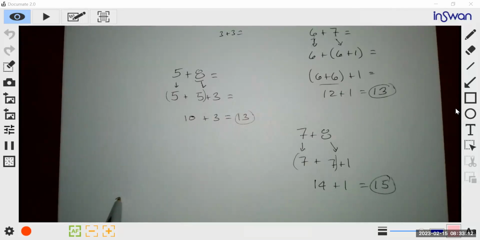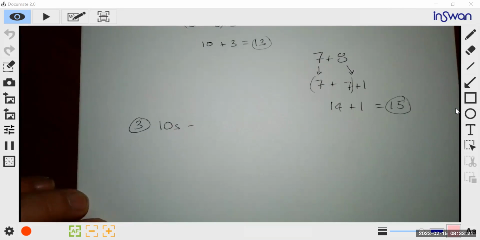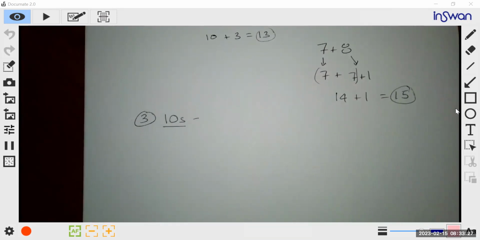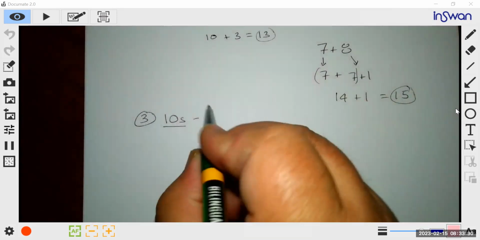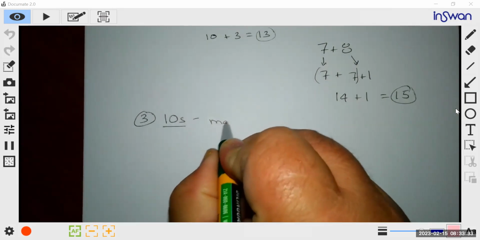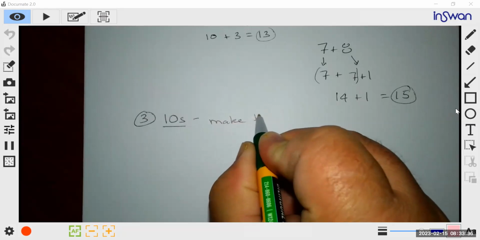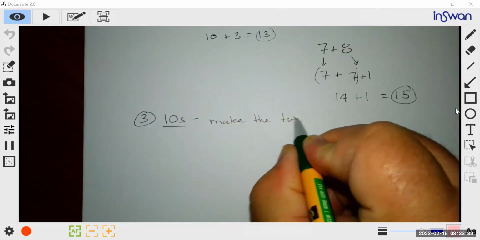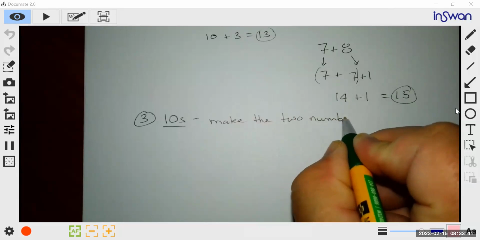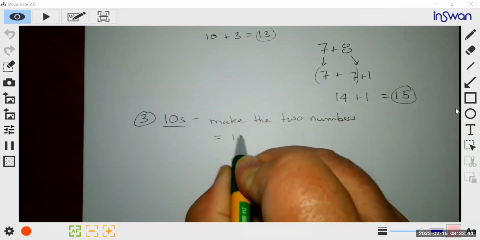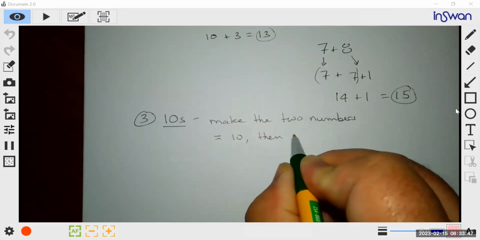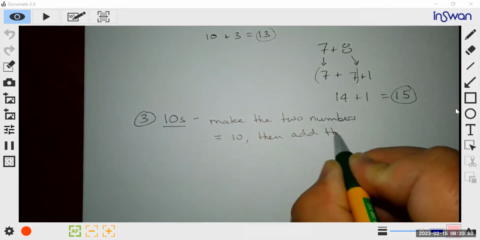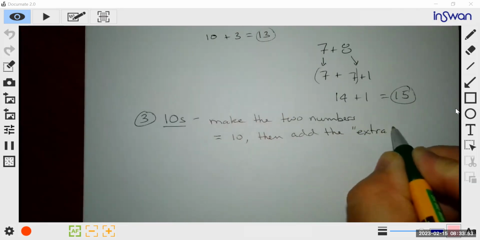The third method is called tens. Make the two numbers equal 10, then add the extra numbers to it.